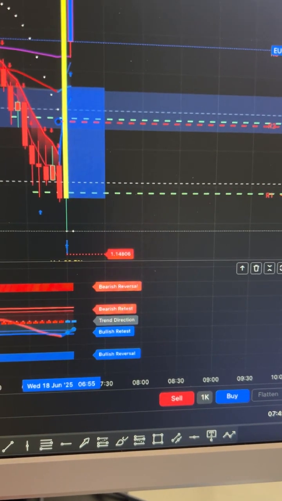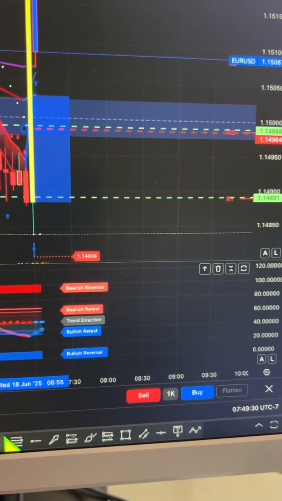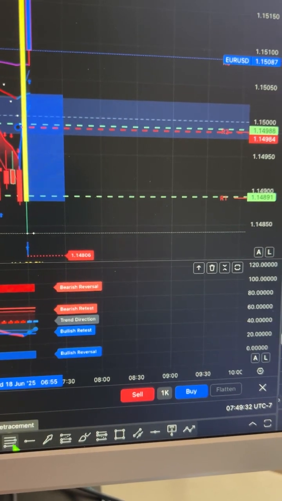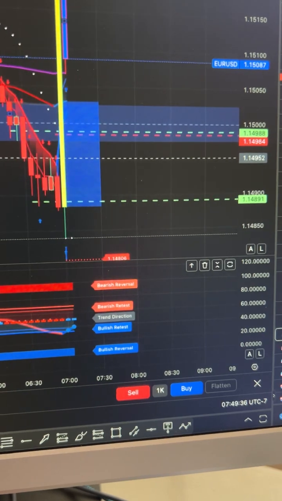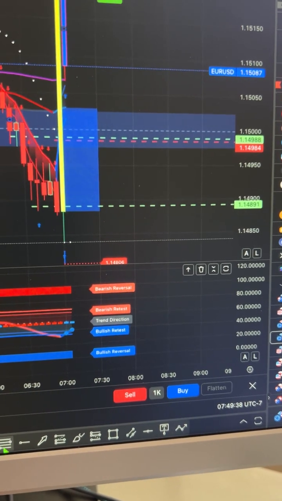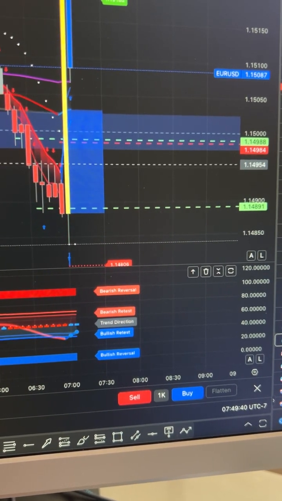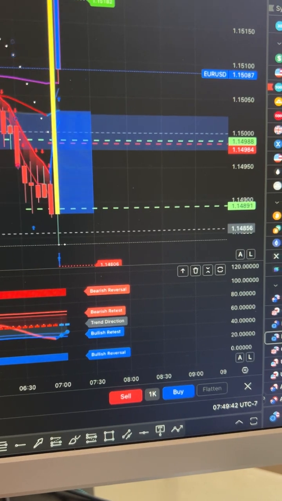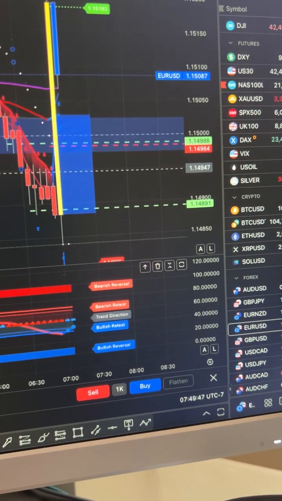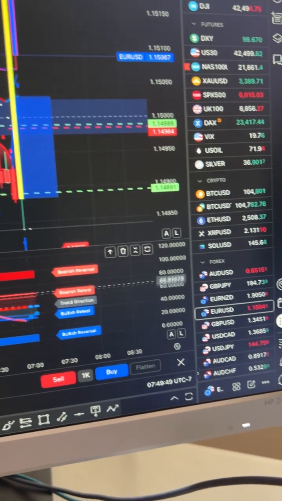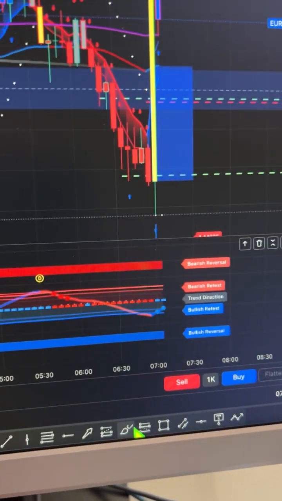Yes, we were at these reversal areas here, so don't forget, guys, when we look at these, it's just not taking. Hold on a sec, guys.